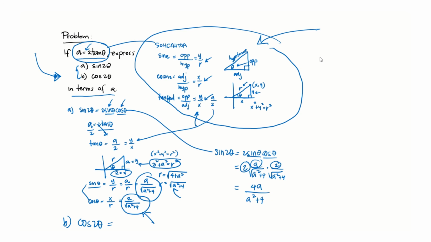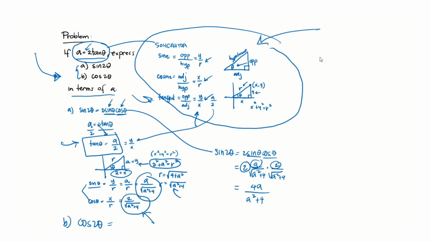This problem could vary, like in other problems it could be 2 sine theta or 2 cosine theta, but the idea is you isolate the function, set it up in this way and relate what is tangent theta. If it's tangent theta, use y over x. If it's cosine theta, you use x over r. If it's sine theta, you use y over r. And then using the reference triangle, you have the x, y, and r. You have the a and 2 as your y and x respectively. Find the expression, and that's how you will get the expressions for sine theta and cosine theta.